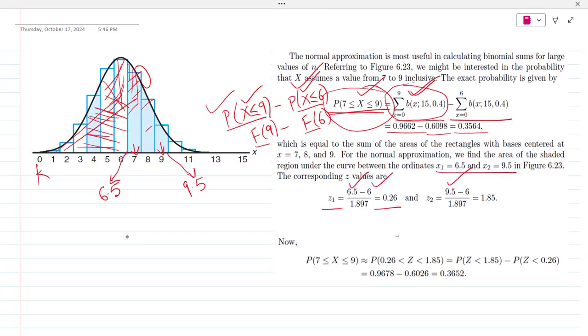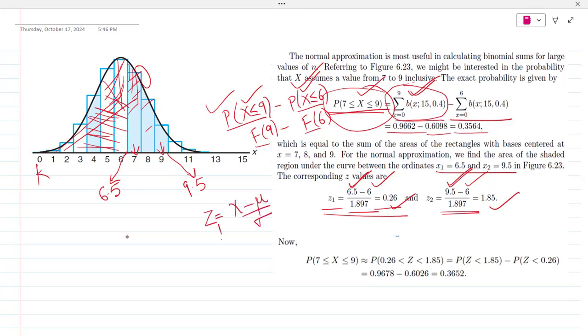Then 6.5 minus mu divided by sigma, and 9.5 minus mu divided by sigma. So this is our Z1, this is our Z2, and these are X1 and X2. Once again, we are creating the standard normal variate Z, which is X minus mu divided by sigma.